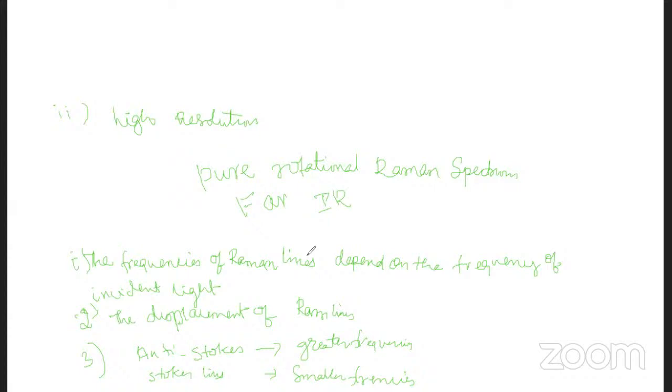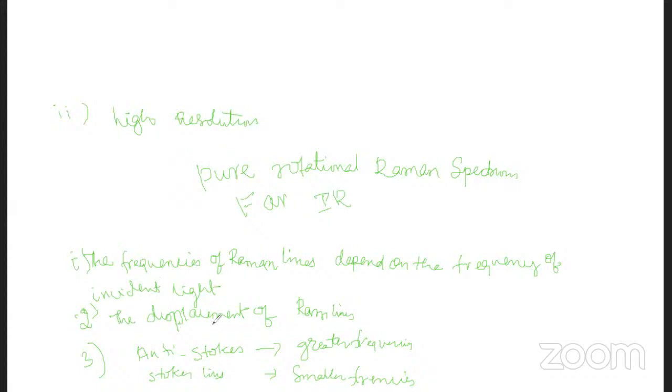That means the frequencies of the Stokes lines as well as the anti-Stokes lines depend on the frequency of the incident monochromatic light falling on the material.